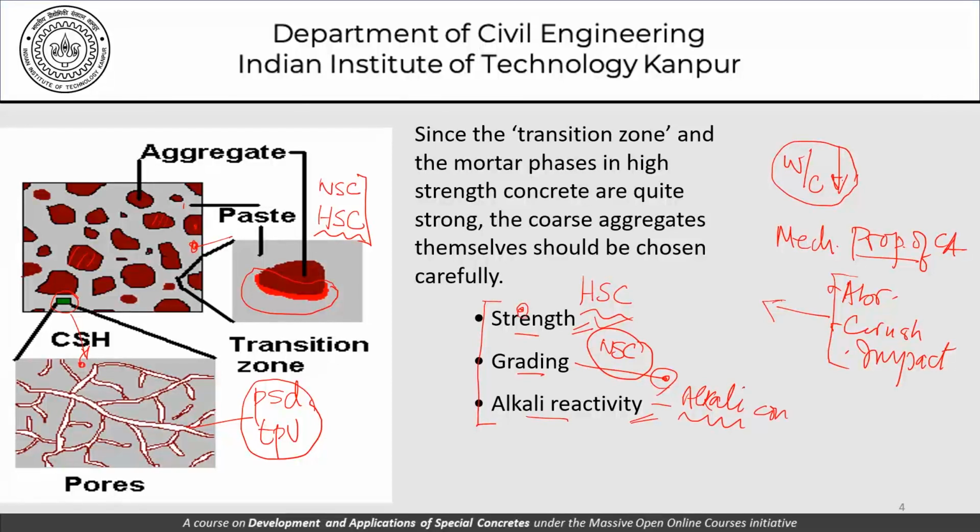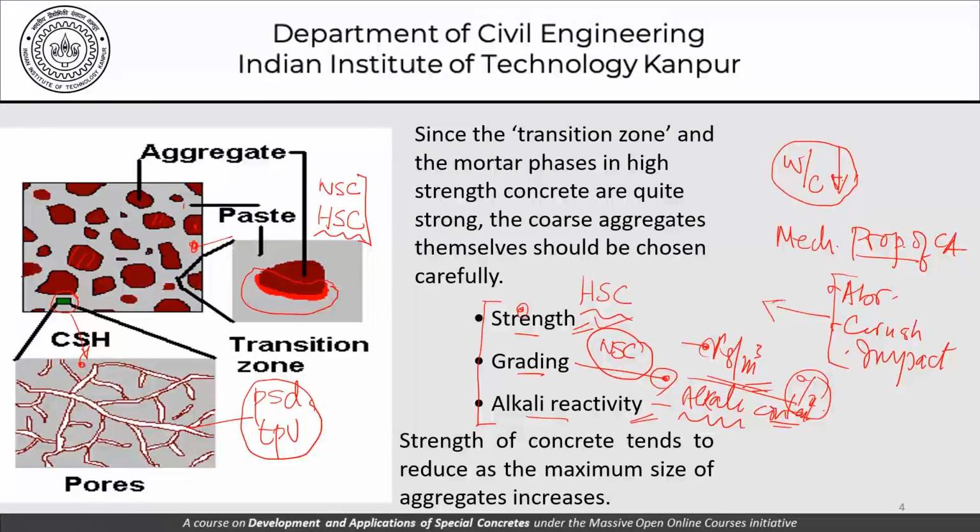We'll end up increasing the alkali content in the concrete mix, and therefore we have to be very careful that the aggregates that we have are truly non-reactive, because once we have a high alkali content in cement, it's not really the alkali content in cement per se, but the fact that you have a lot of cement basically adds to more alkali content in terms of kgs per cubic meter of concrete rather than the percentage of alkali content in the cement itself. So given this parameter, we have to be careful about the alkali reactivity of the aggregates as well.